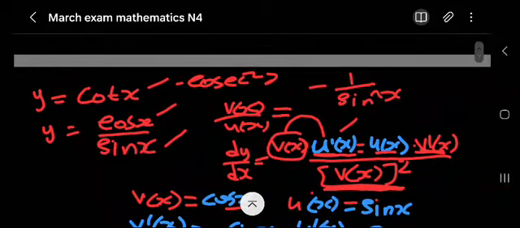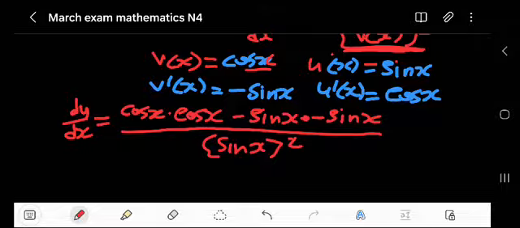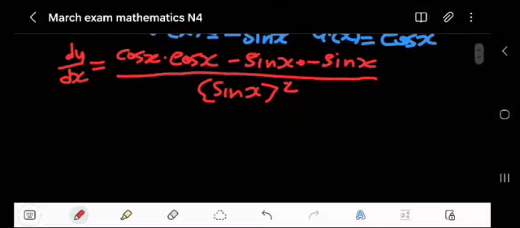Sine. At the bottom I'll have sine x, then I square that. So as I square this, we have dy over dx.